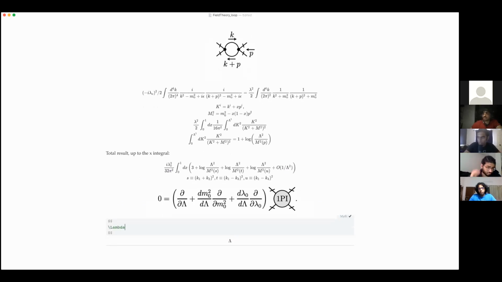You get lambda d little lambda naught over d lambda equals 3 lambda naught squared over 16 pi squared plus higher corrections, lambda squared, lambda cubed, and so on.